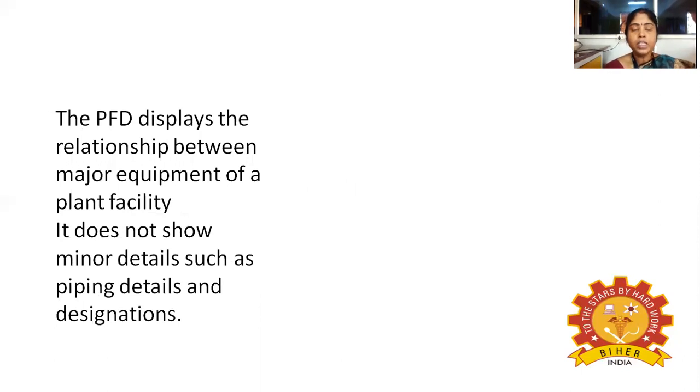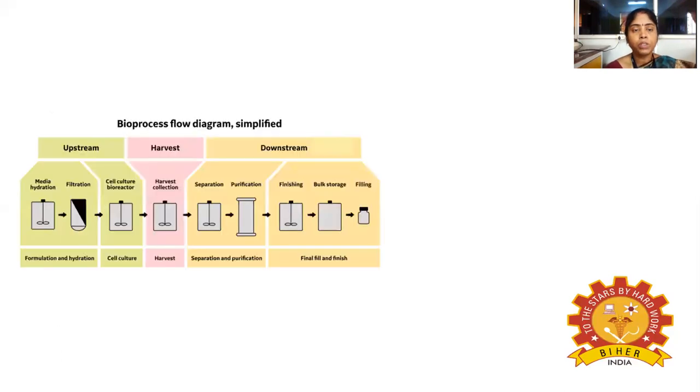It displays the relationship between the equipment of the plant facility with details and designations, so that we can make loop arrangements or valve arrangements. Everything has to be taken care of in the process flow diagram. This is a simplified diagram.